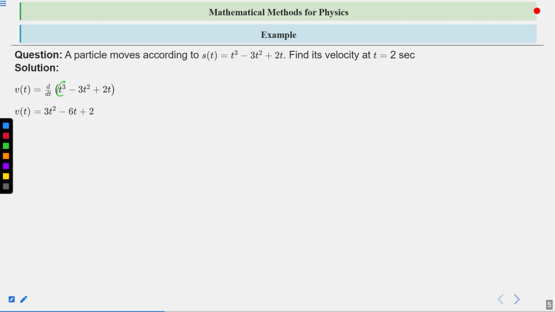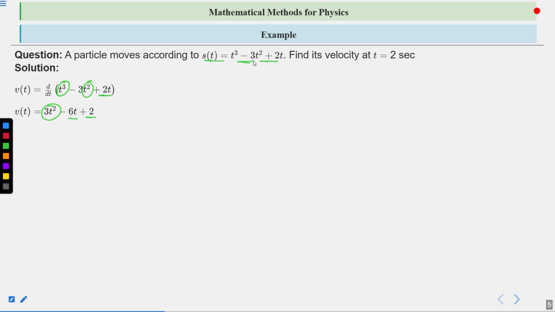The derivative of t cube is 3t square, and for t square, 2 multiplied by 3 will be 6, and power 2 minus 1, so it will be t. So, 3t square minus 6t, and the derivative of 2t is 2. So, this is the derivative of s of t.